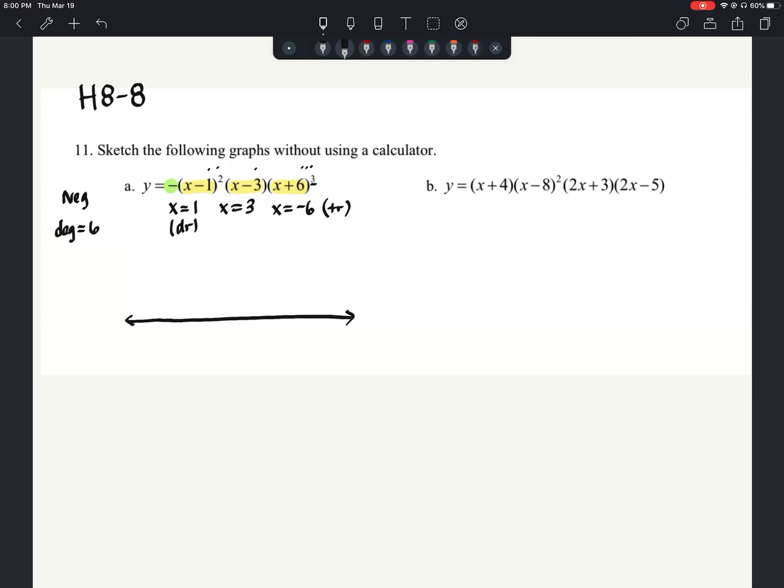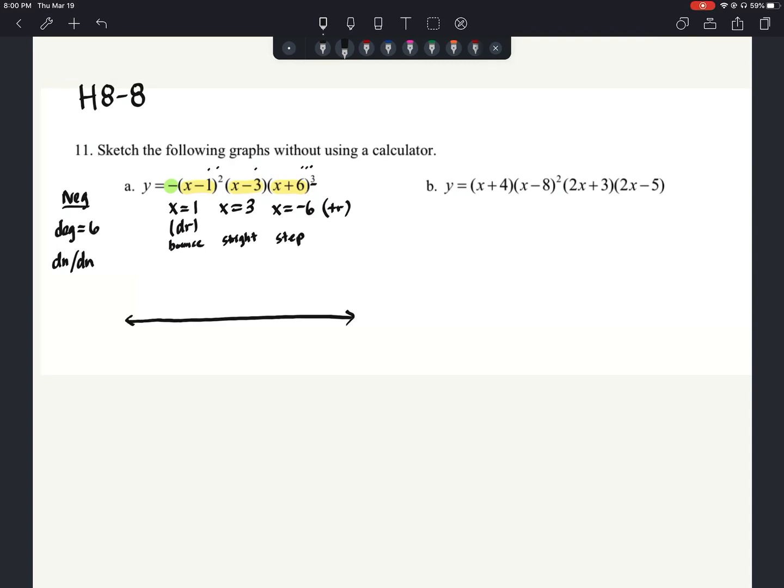Its end behaviors, since it's negative, are going to be down, down. And then at 1, it's going to bounce. It's going to go straight through 3, and then it's going to make the step at negative 6.